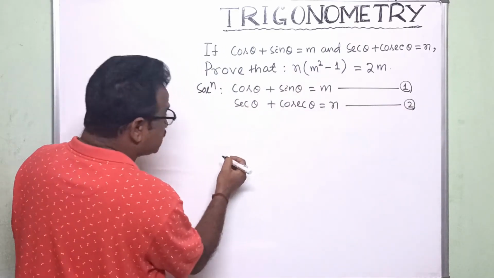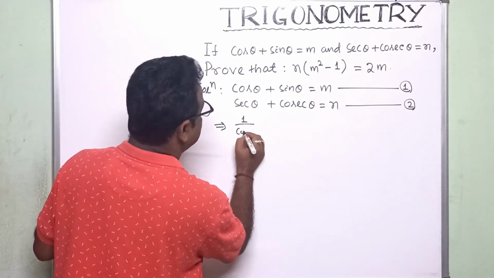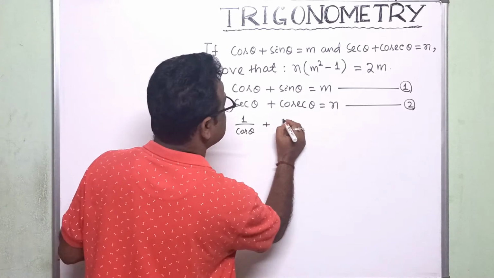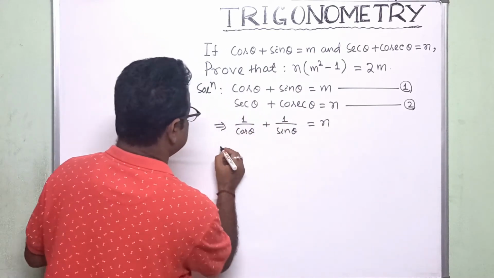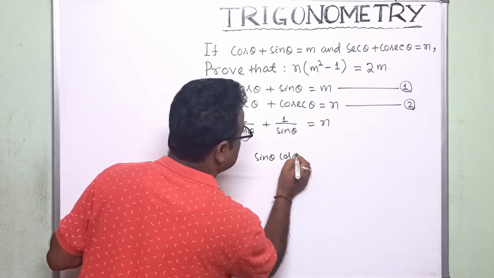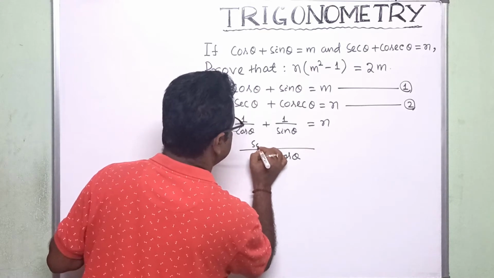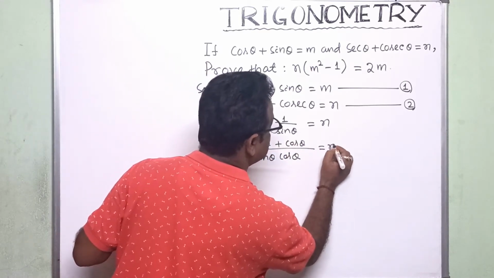So now from equation 2 we will write that implies 1 by cos theta plus 1 by sin theta is equal to n. That implies (sin theta plus cos theta) by (sin theta cos theta) is equal to n.